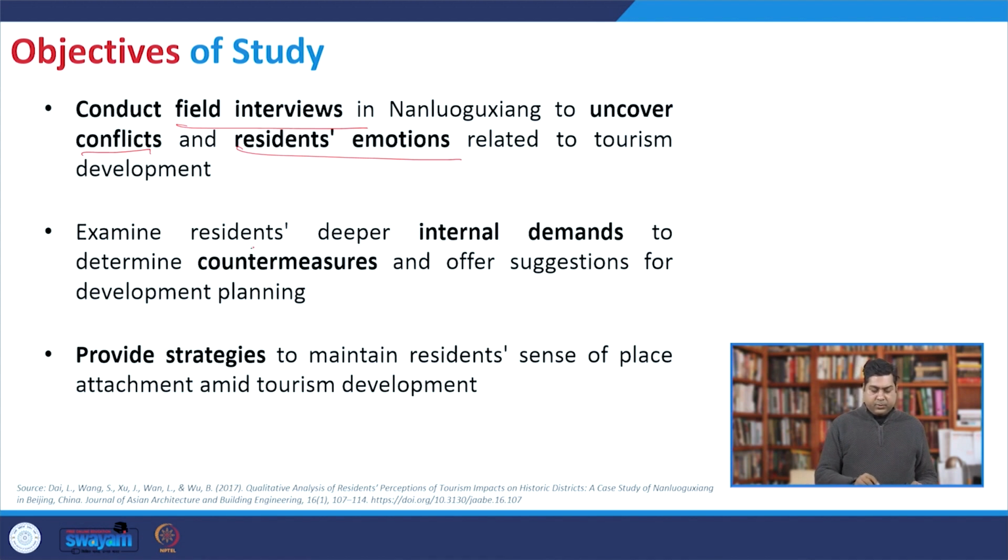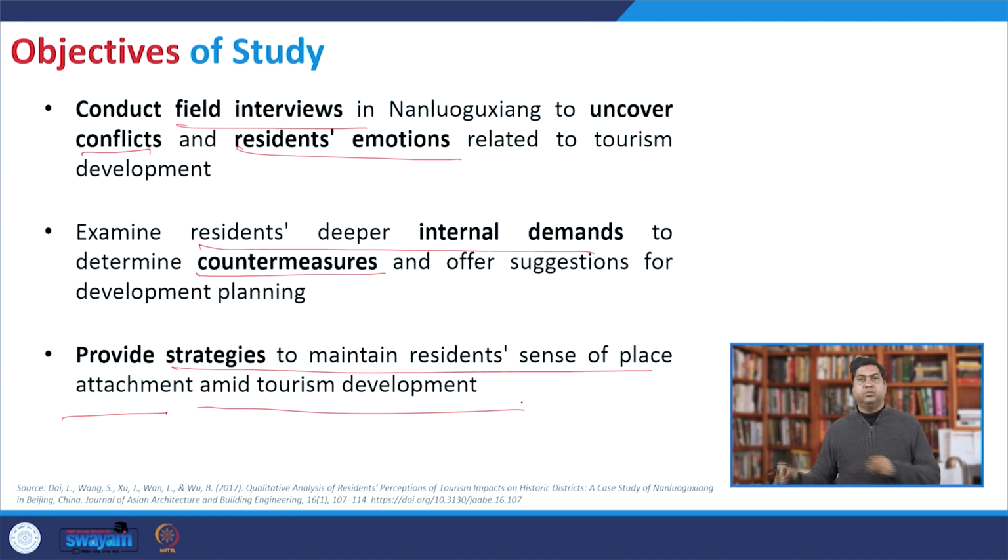Also, the objective was to examine the residents' deeper internal demand to determine countermeasures and offer suggestions for development planning, how things can be planned in an integrated way. And also, one of the objectives was to provide strategies to maintain residents' sense of place attachment, and at the same time go for tourism development, but taking the residents into confidence.